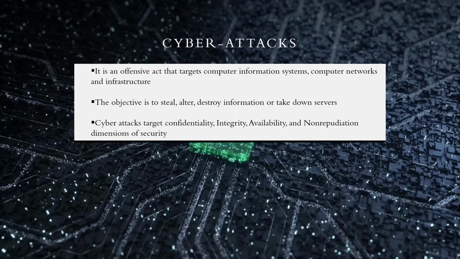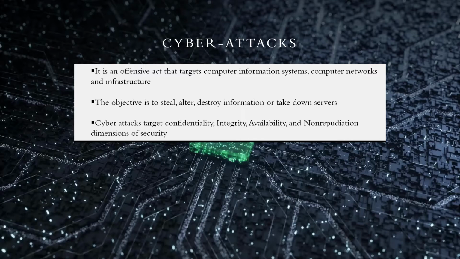Hackers who commit cyber attacks are the people or malicious software agents that attempt to target vulnerable information and communication systems. As discussed in the previous video, cybersecurity has 4 dimensions: confidentiality, integrity, availability, and non-repudiation.